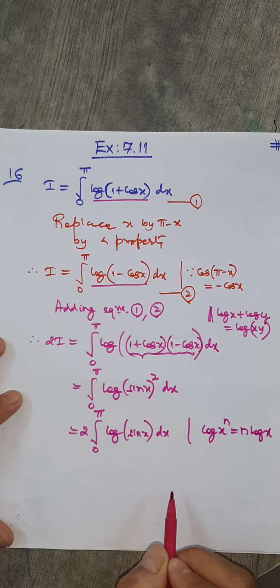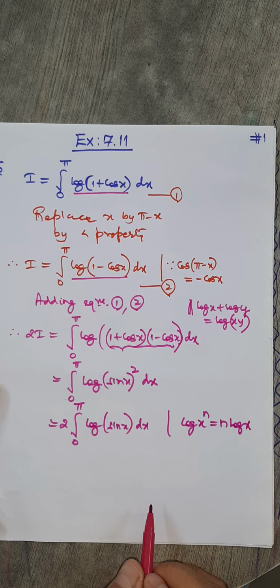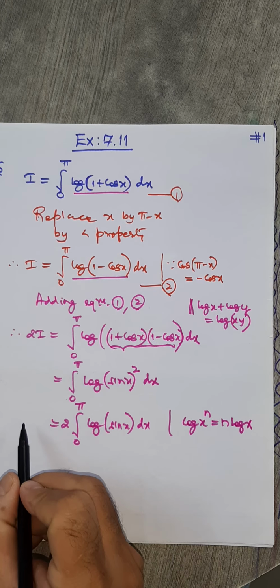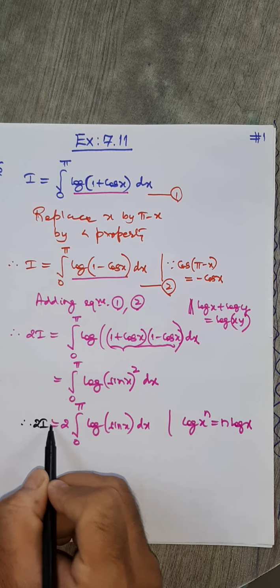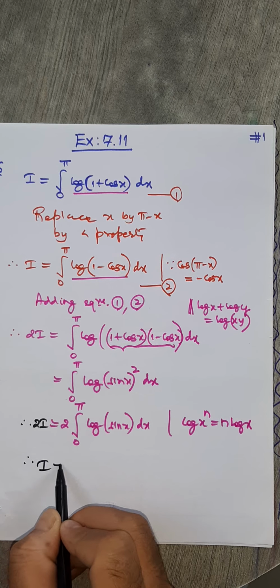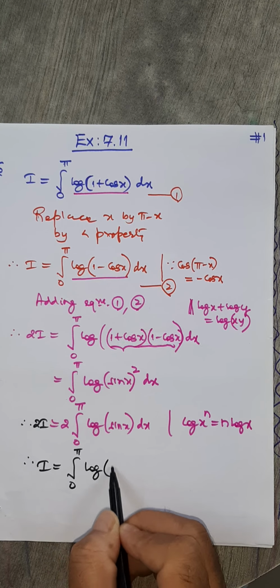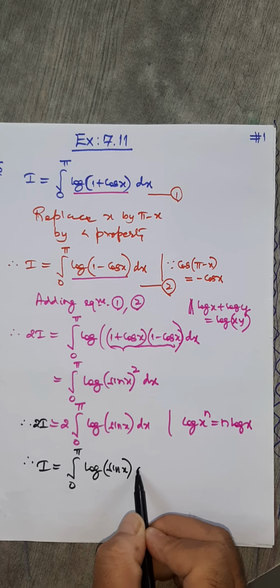We have used this property. Now the 2 goes away from both sides, so we have I equals integral 0 to pi of log of sine x dx.